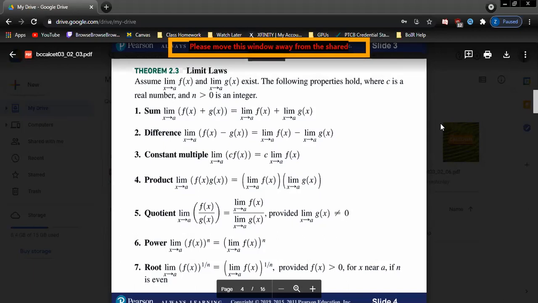Let's say I have a function f of x equals 2x and g of x equals 3x when x tends to, let's say, 0. So if I add those two functions, 2x and 3x, it gives me 5x, right? And when x tends to 0, can you find the limit for me for 5x when x tends to 0? Anyone? Is it 0? 0, exactly.